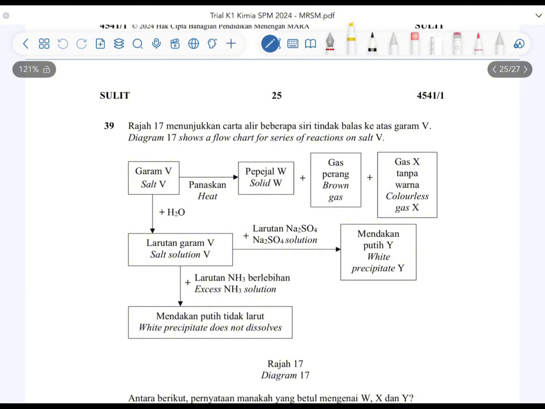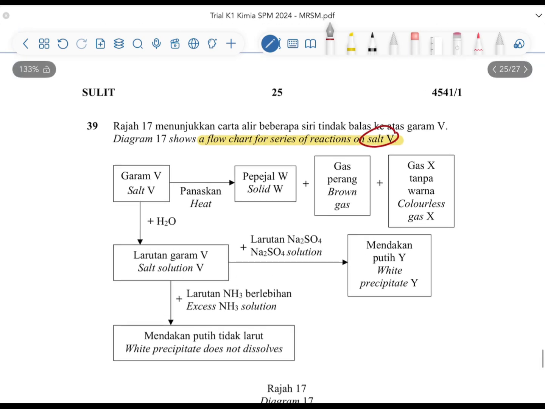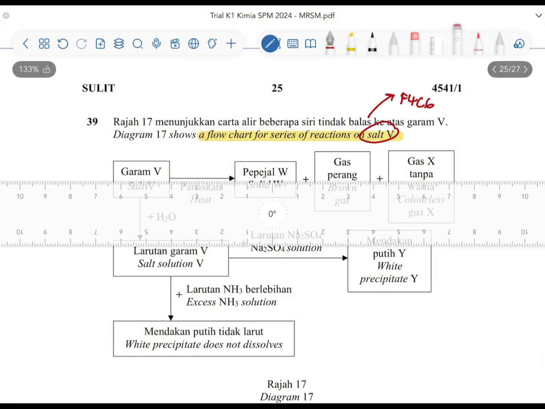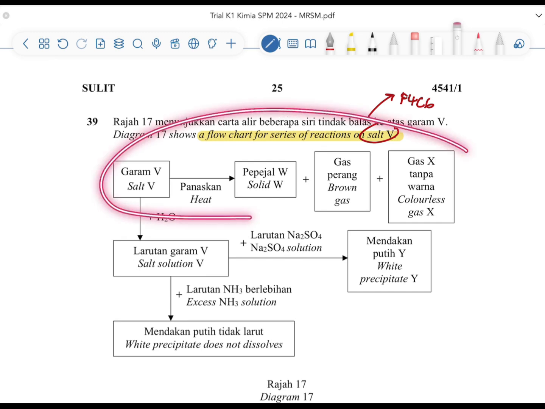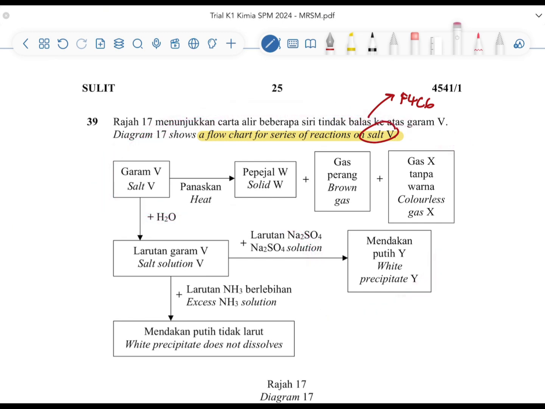This is a question related to flowcharts for a series of reactions on salt V. This is from your Form 4 Chapter 6 syllabus. Let's look at this part first.